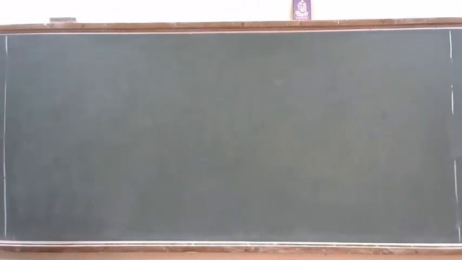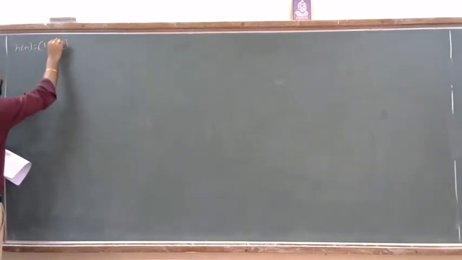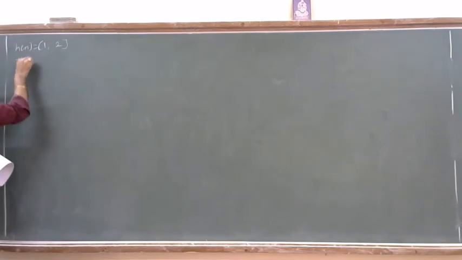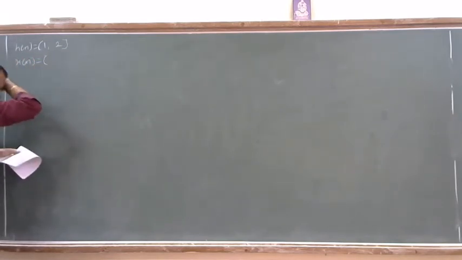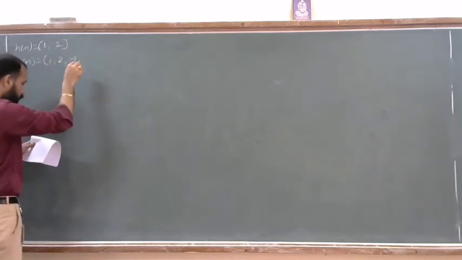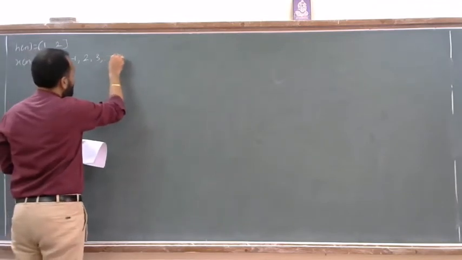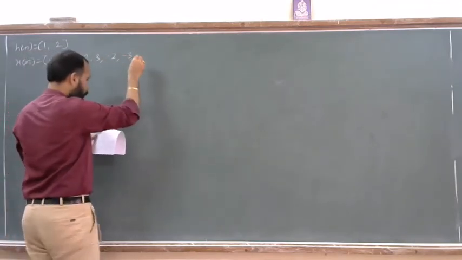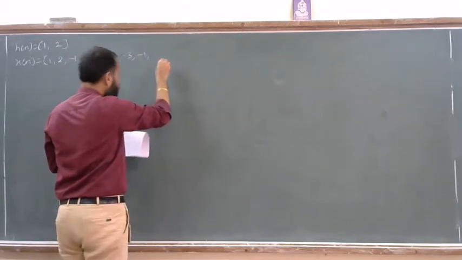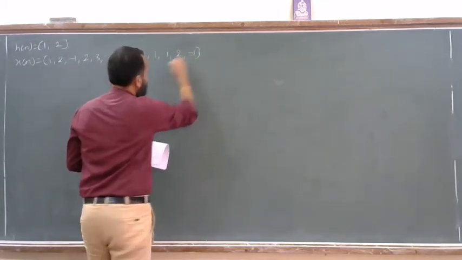We'll consider one more problem on this overlap save method, for which the impulse response h of n is defined as 1 and 2, and the input sequence is defined as 1, 2, minus 1, 2, 3, minus 2, minus 3, minus 1, 1, 1, 2, and minus 1.